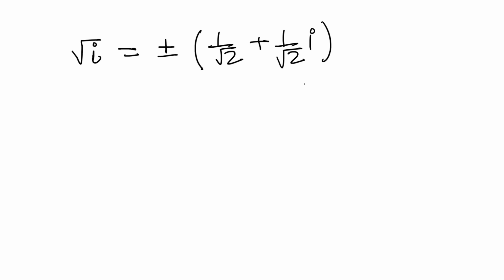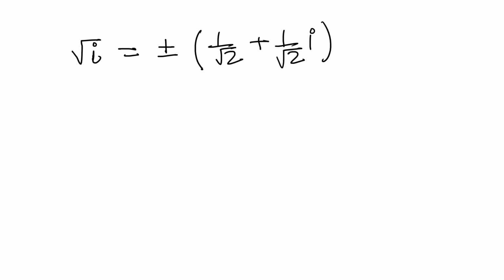So I can say that square root of i is basically plus minus (1 over square root of 2 plus 1 over square root of 2 multiplied by i). These are the two values of square root of i that we are getting.